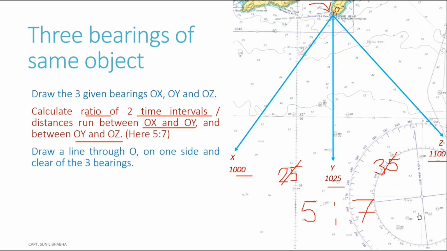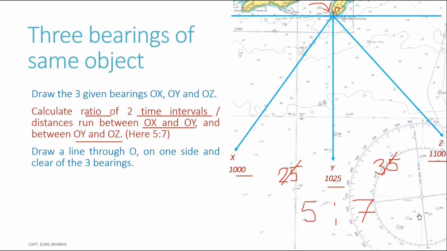Now we have to draw a line through object O, in this case the Hookhead Lighthouse. Now this line should be drawn in such a way that it is clear of all the three bearings. And also make sure that all the three bearing lines are on one side of this line.